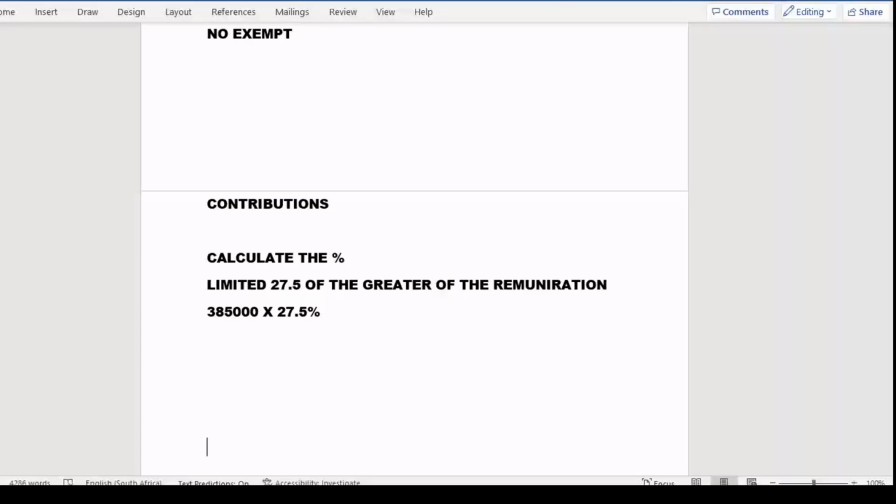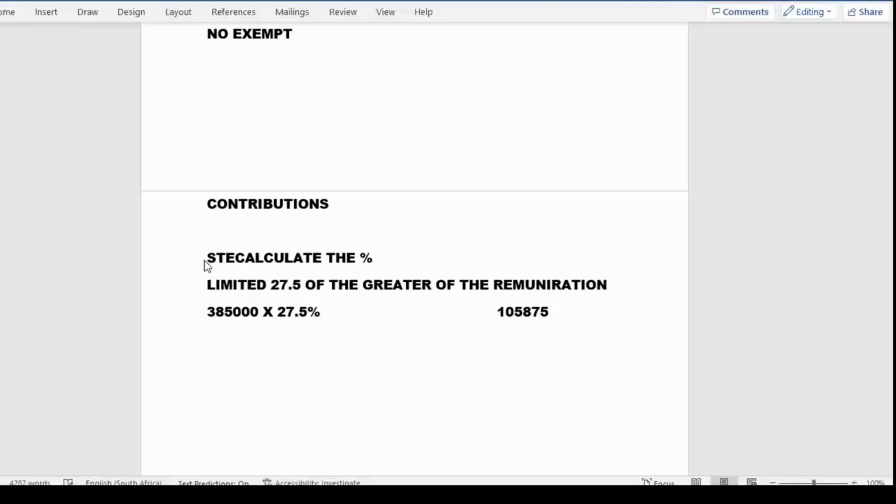385,000 multiplied by 27.5 divided by 100. I've got 105,875. That's what I have. I got the same. Yes. So 105,875, that's your step 1.